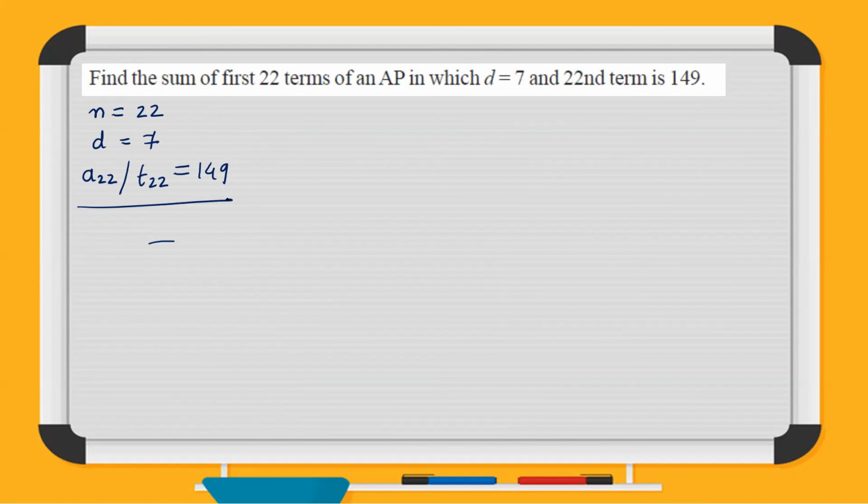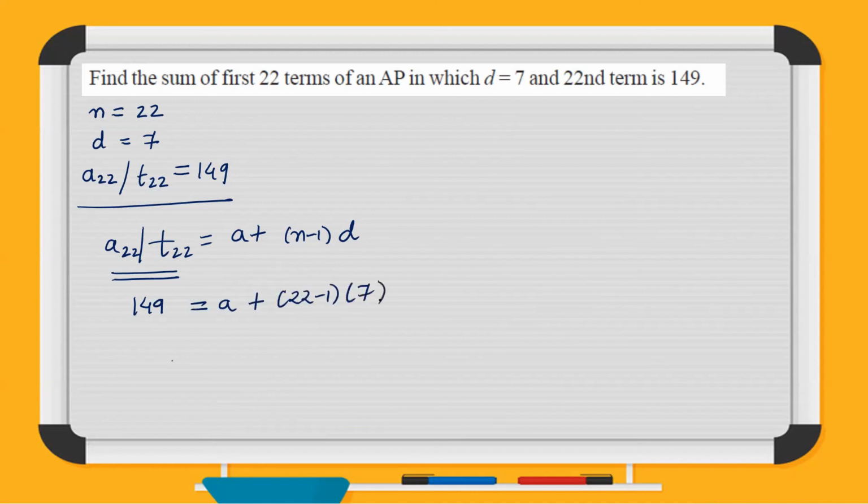As the 22nd term is given to us, n is there, d is there, we can find out a, and then we can find out Sn, because to find out Sn we need a. So using the formula for T22 or A22, we have a plus n minus 1 into d. So 149 is equal to a plus 22 minus 1 into 7.